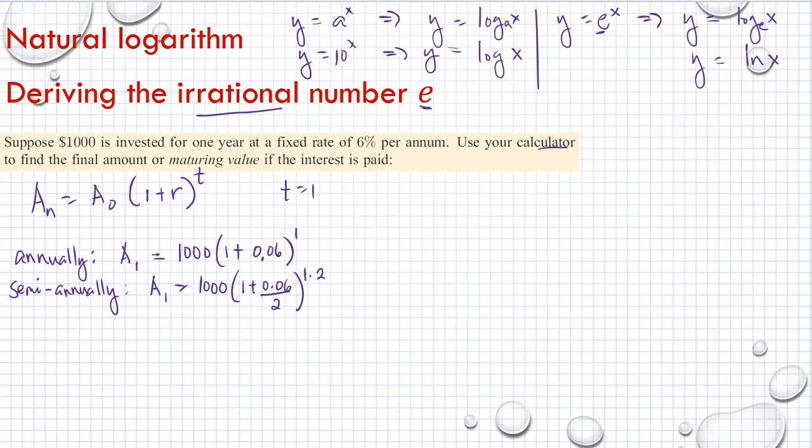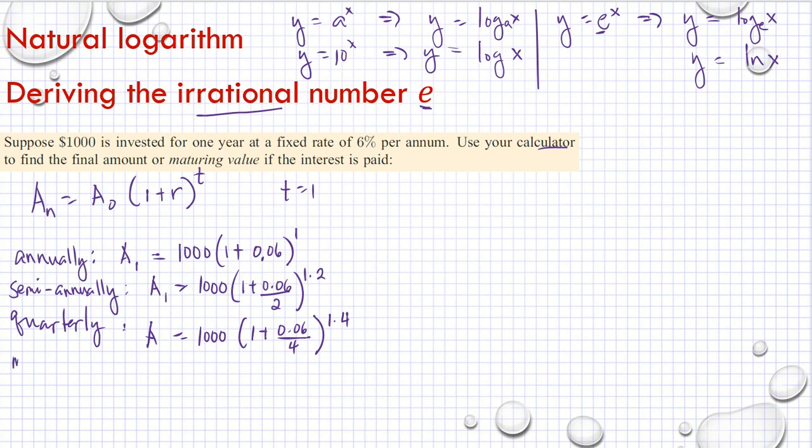And then if it's quarterly, then we have A is equal to 1,000 multiplied by 1 plus 0.06 divided by 4, because it's quarterly. But then again, in the exponent, we multiply it by 4.